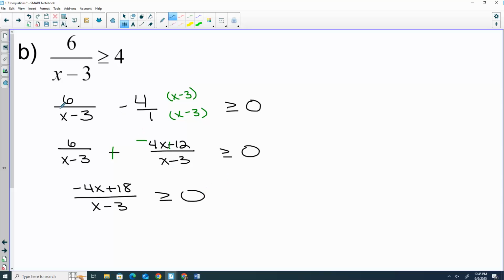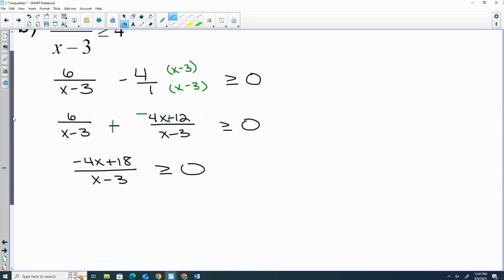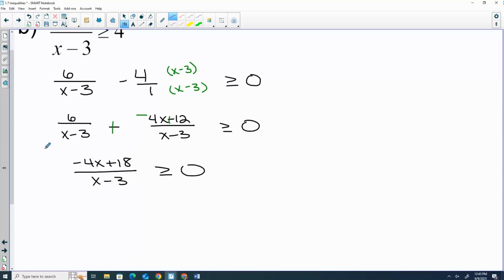What comes next? We need to set top and bottom equal to 0 so we can make the sign line. So we get 9 halves and positive 3.